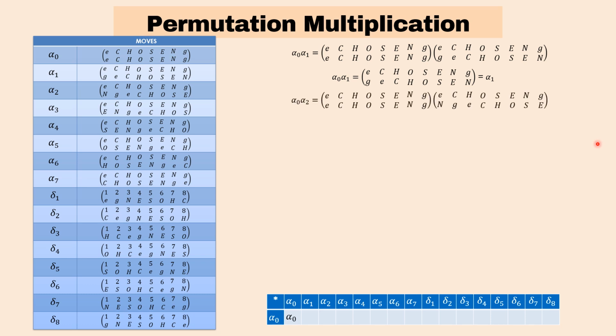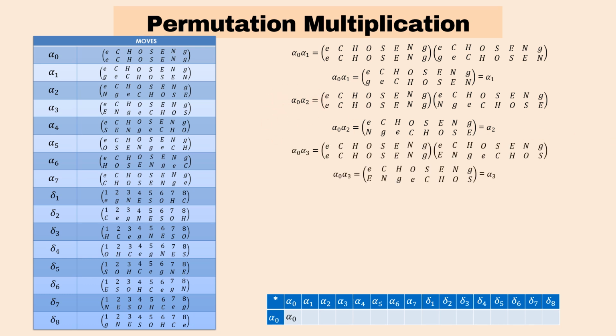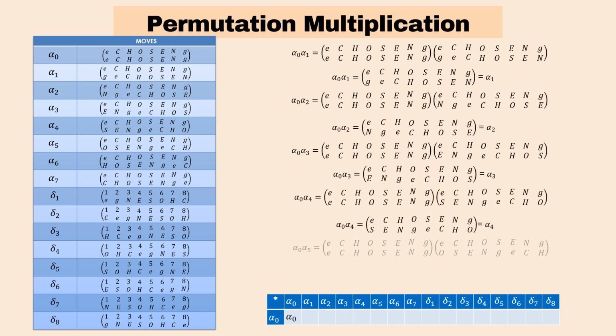Next, alpha sub 0, alpha sub 2. Alpha sub 0 is the identity element. Therefore, all the results will be itself if we combine alpha sub 0 to any of the elements. So, that's how permutation multiplication works.